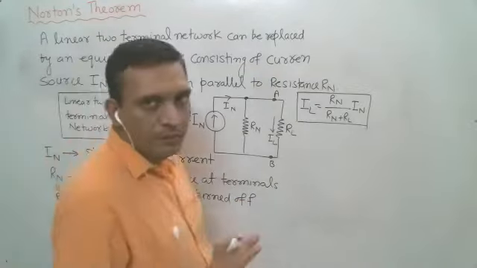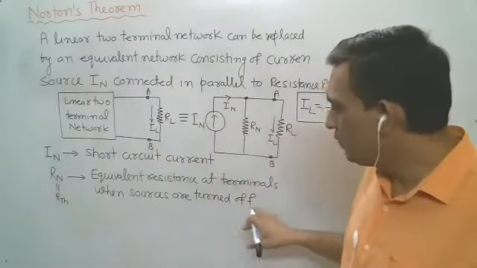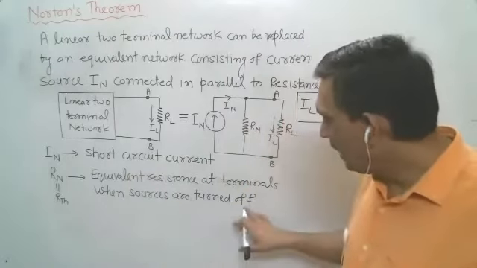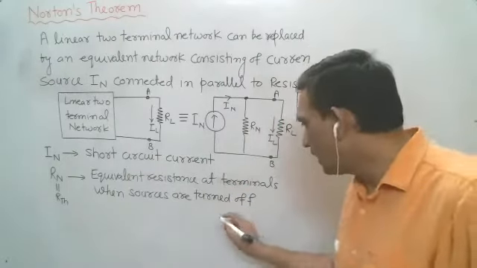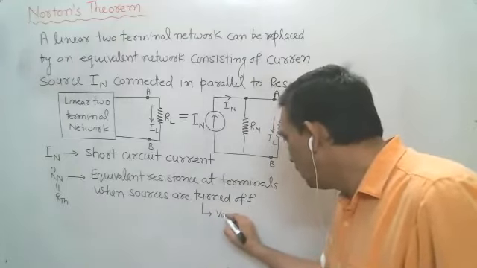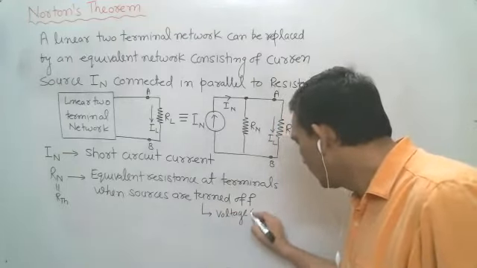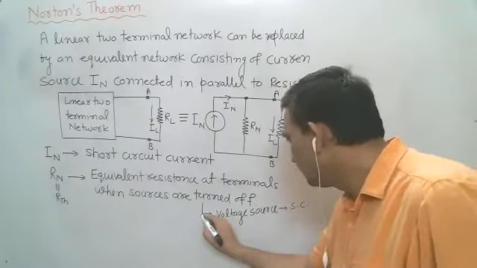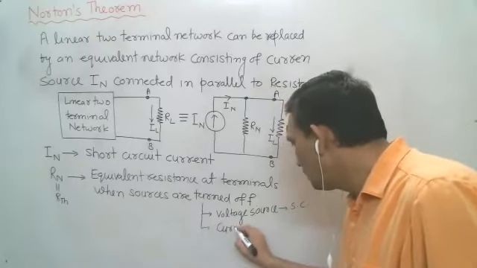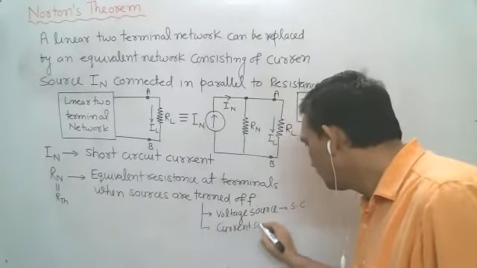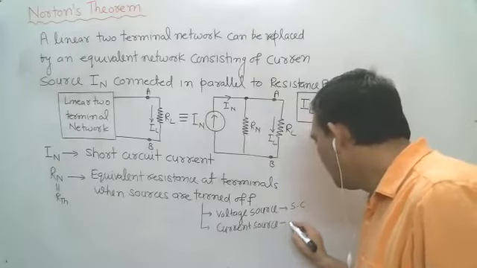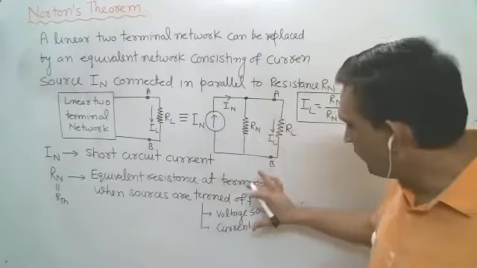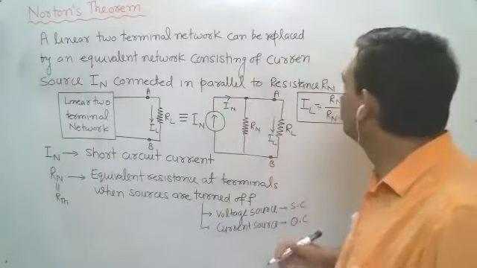Turned off means voltage source is short circuited, and current source is open circuited. So using this definition, we can find the current.